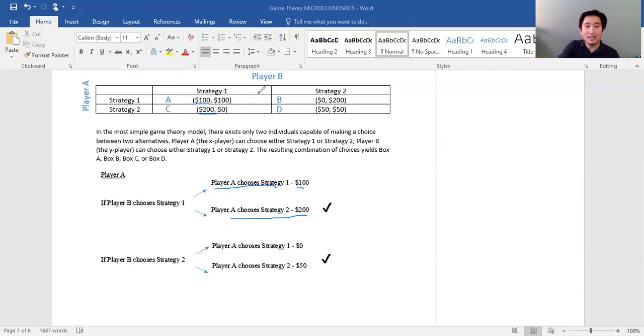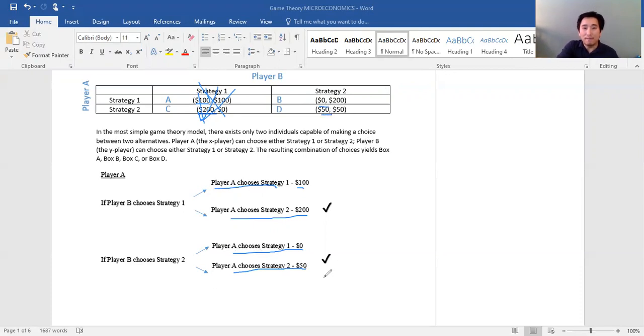mark, right? Now, let's say that player B chooses strategy 2, right? Then again, we're going to cross this out here. This is no longer relevant. And player A chooses strategy 1, then the amount would be $0. Now, if player A chooses strategy 2 as a result, then he's going to get $50, right?